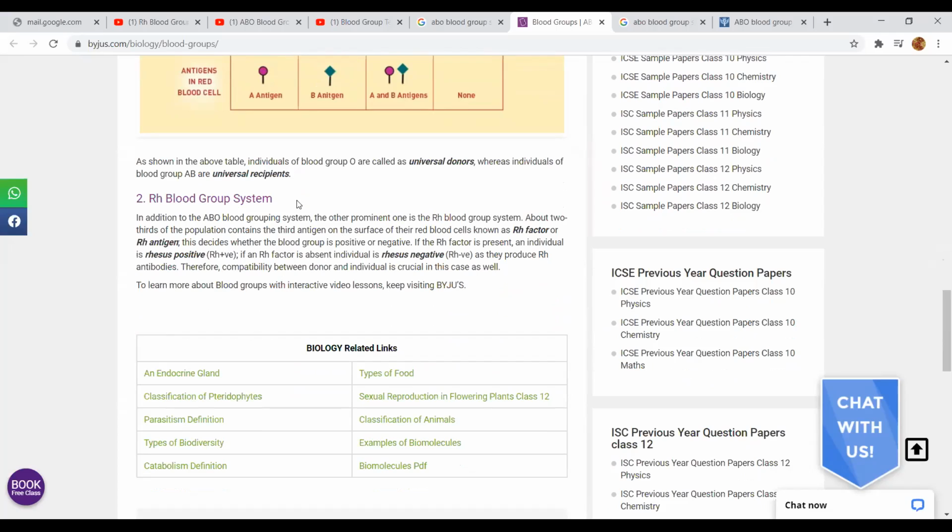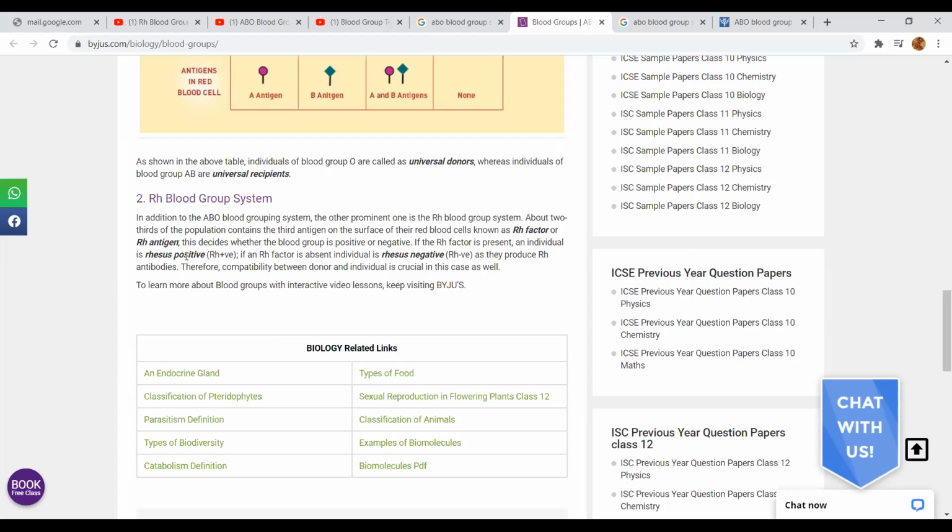So in addition to this ABO blood grouping system, another system we need to know is the RH blood grouping system. Why is this RH blood grouping system important? Because there are many people having different RH factor.